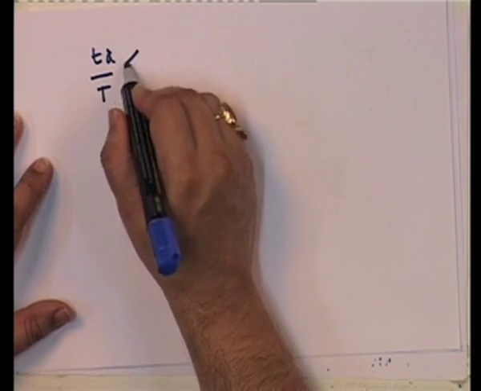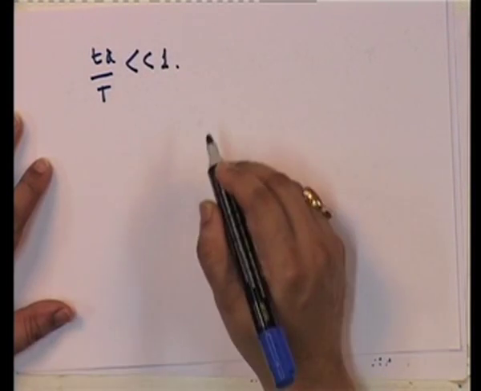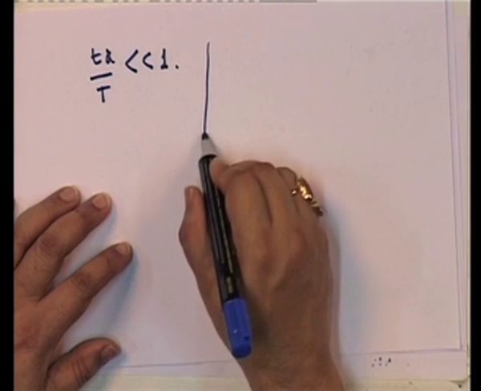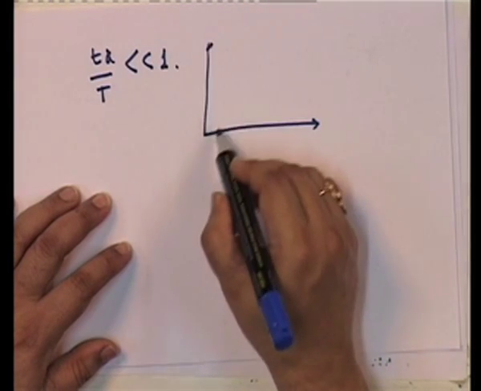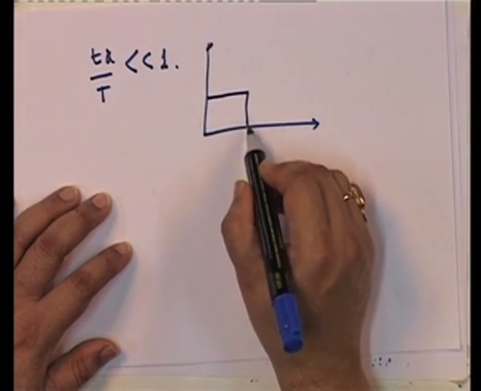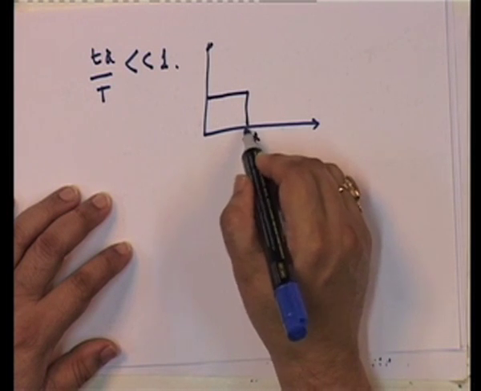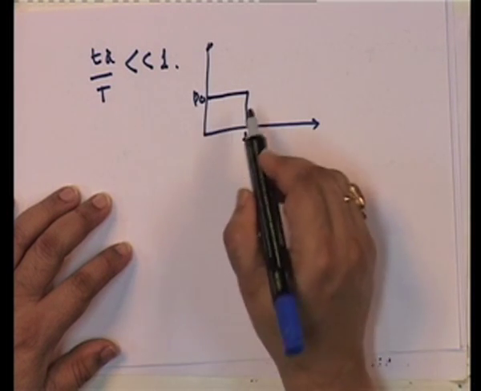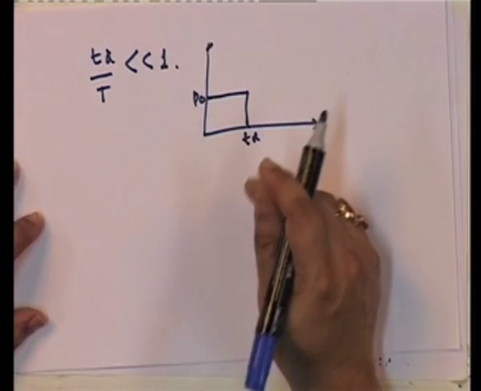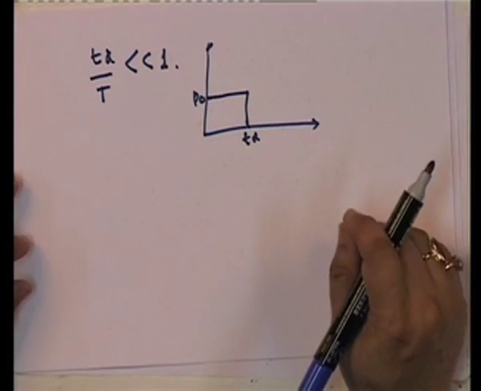Another characteristic to note is when Td by t in a pulse load is very much less than 1. In other words, let us look at the rectangular. This Td, for all practical purposes, you can't even see it.